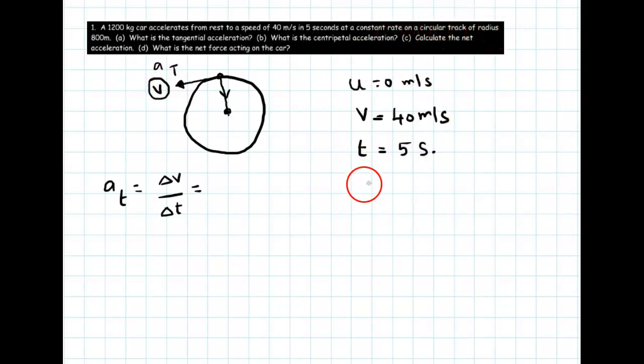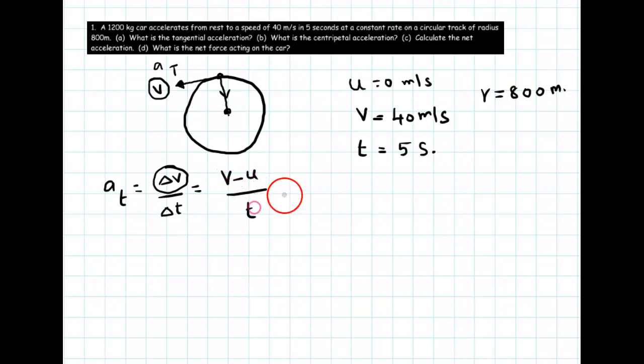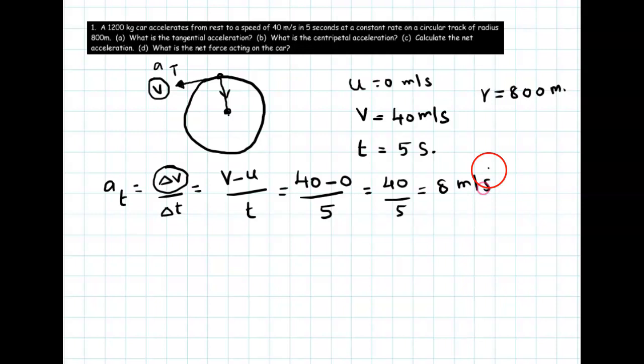The radius of the track is 800 meters. First we find the tangential acceleration, change in velocity, that is final minus initial divided by time. Final speed 40 minus initial speed 0, divided by time 5, is equal to 8 meter per second square.